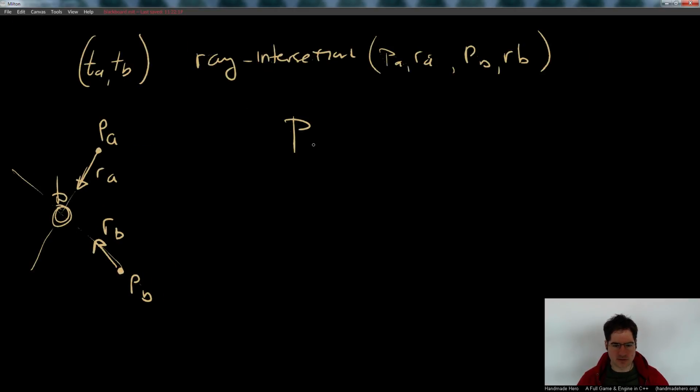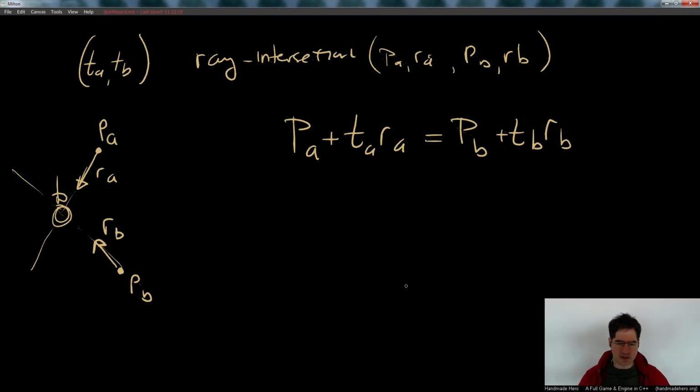So assuming that we have the equation PA plus TA RA equals PB plus TB RB, then we should be able to produce the TA and the TB that tell you how far to go along each ray to hit the point where they intersect.